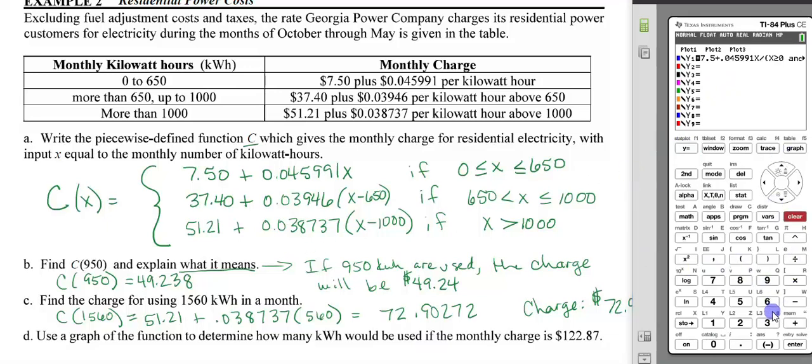So our second piece is 37.4 plus 0.03946 times x minus 650, and we put our slash to start our conditions, and that's x being greater than 650, our logical operator of and, x is less than or equal to 1000.